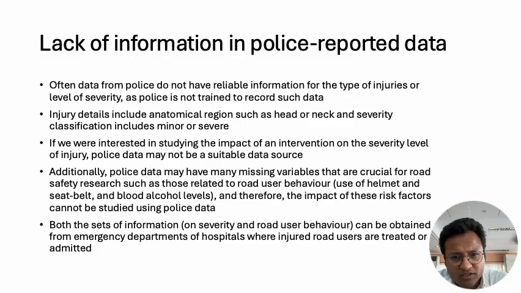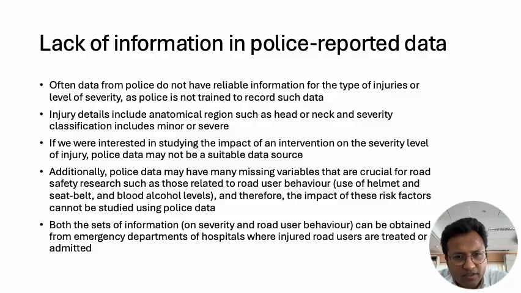And because police is often not trained in reporting this information, or they may think this information is not important for them to record, the police records may not have it.